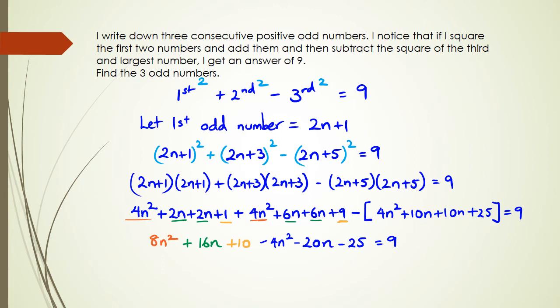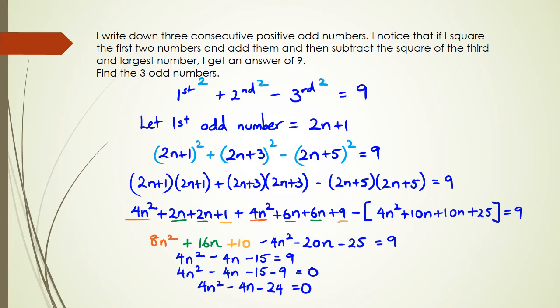Simplifying further, 8n squared minus 4n squared is 4n squared, plus 16n minus 20n is negative 4n, and 10 minus 25 is negative 15, equal to 9. Rearranging, we get 4n squared minus 4n minus 15 minus 9 equals 0. So simplifying, we get 4n squared minus 4n minus 24 equals 0.